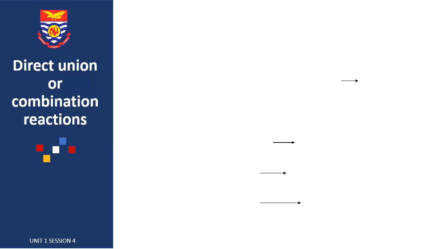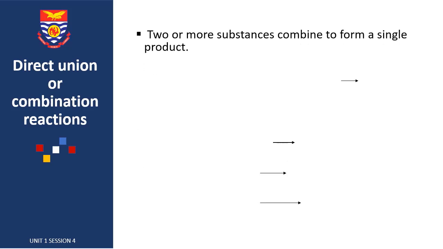Let's look at the direct union or combination reactions. In the direct union or combination reactions, 2 or more substances will combine to form a single product. So at the right side of our equation, we are only expecting just one compound, one species, one product.